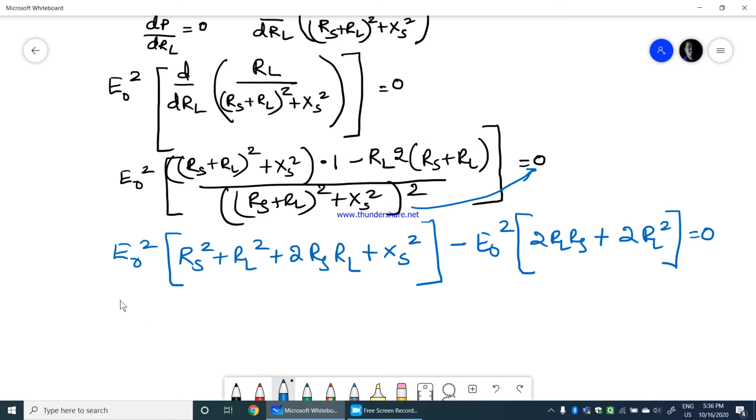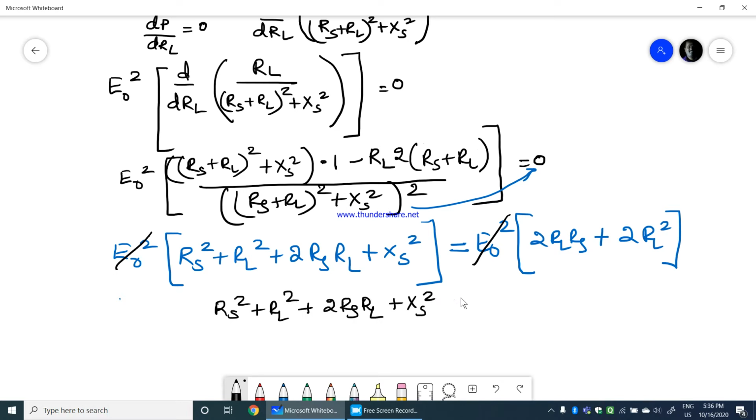So now, instead of equating to 0, I'll just put equals, because if it goes to the right hand side, that becomes equals. Now E naught square gets cancelled. So finally I will have RS square plus RL square plus 2 RS RL plus XS square equals 2 RS RL plus 2 RL square.